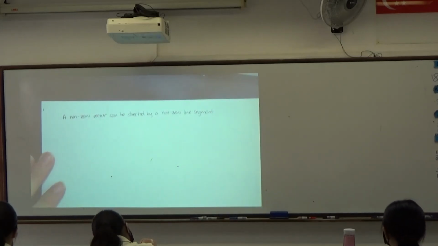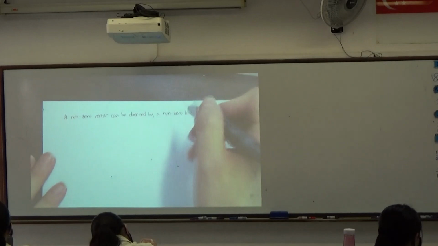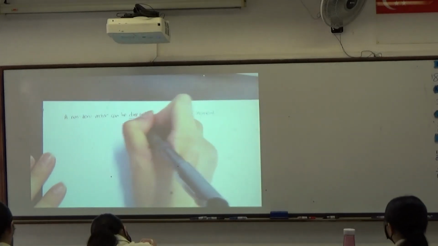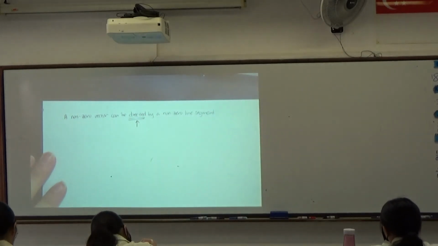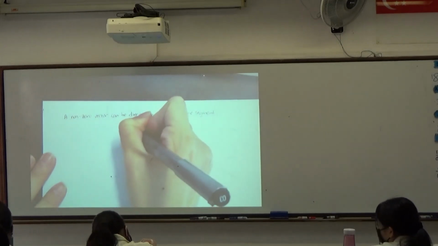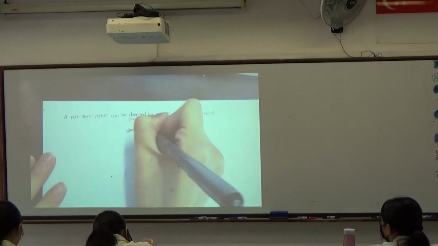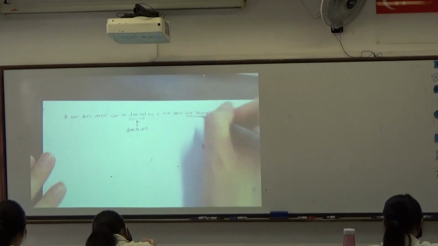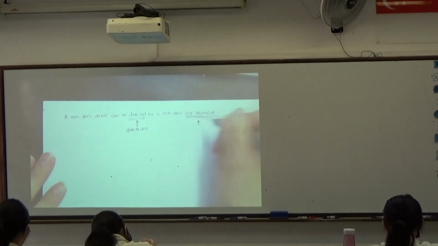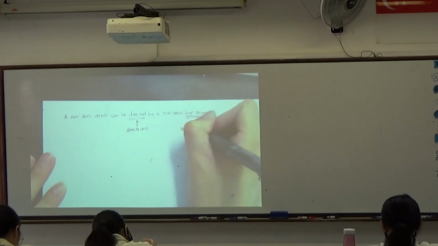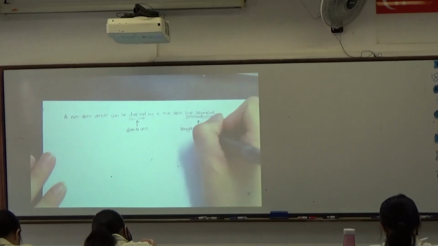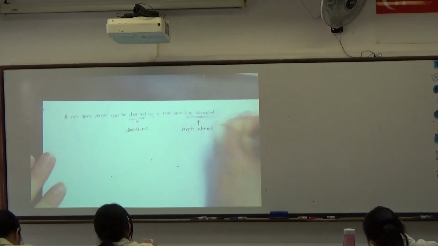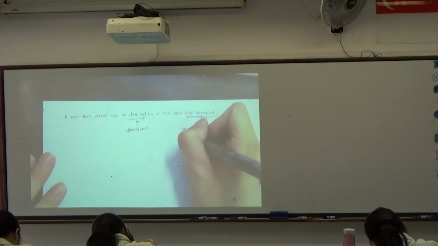Directed would mean that there is a certain direction to it. So in vectors, directions matter. And the line segment, in terms of its length, informs us about the magnitude.